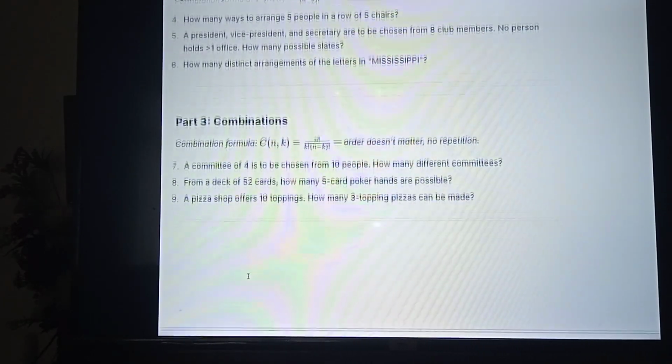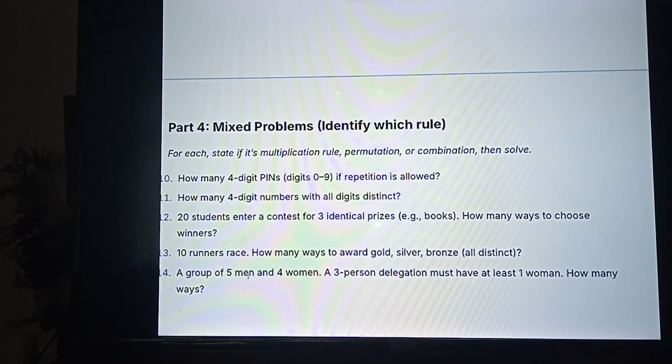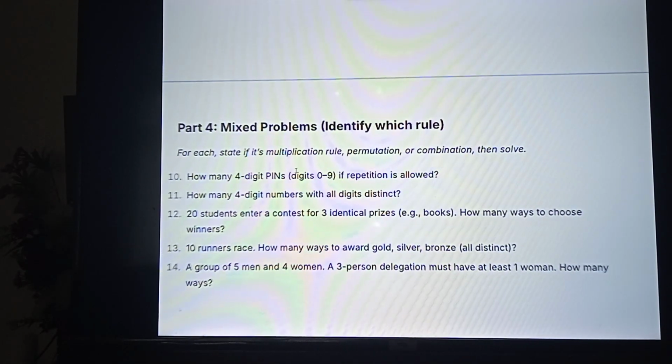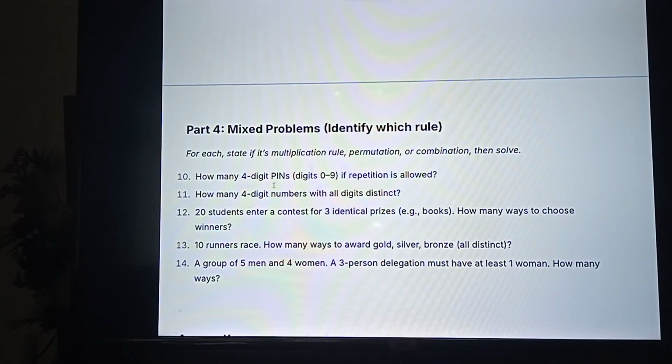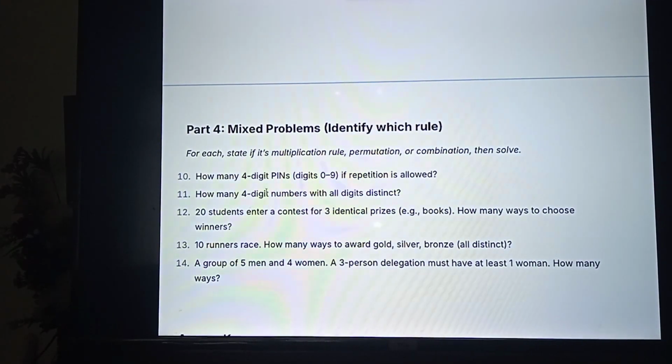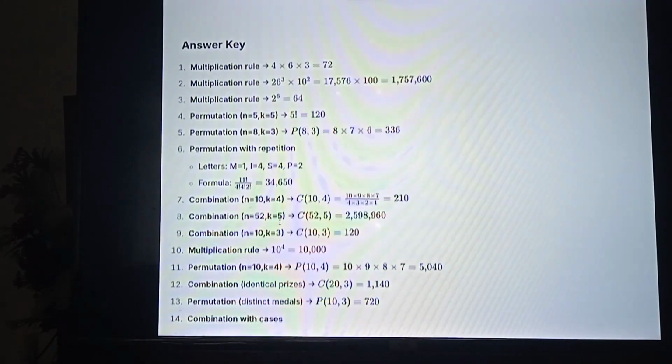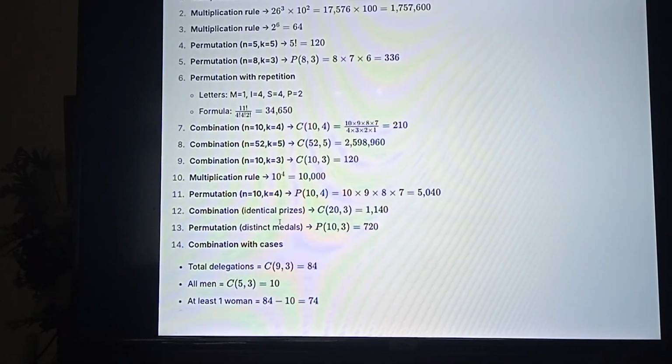So you can practice them. Here are mixed problems, where you need to identify the rule, whether it is the rule of multiplication, permutation or combination. And here is the answer key for you.